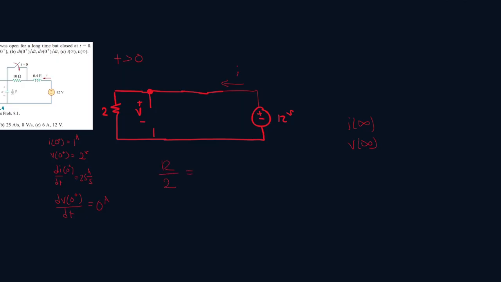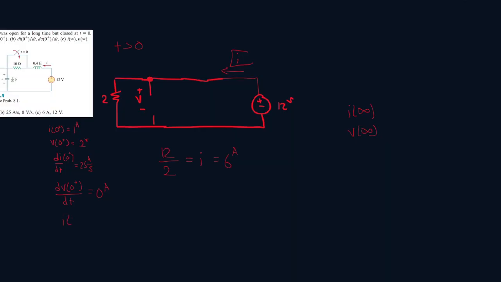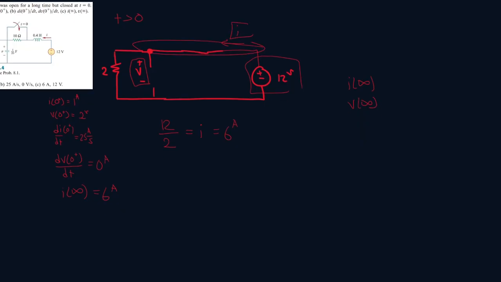That gives you 6 amps, and that's going to be your I of infinity. And the voltage here will literally just be 12 volts, because the voltage of this whole node is going to be 12. So V infinity equals 12 volts.